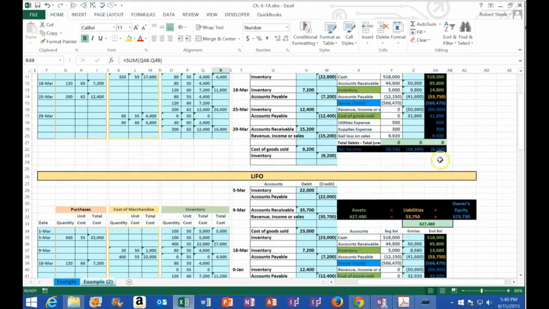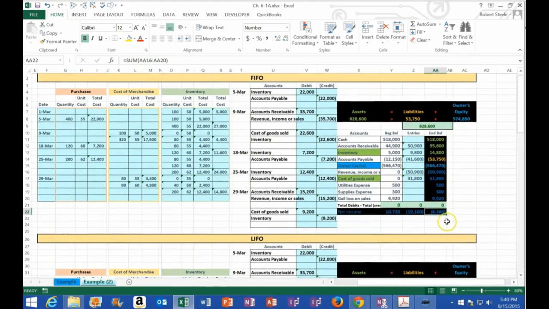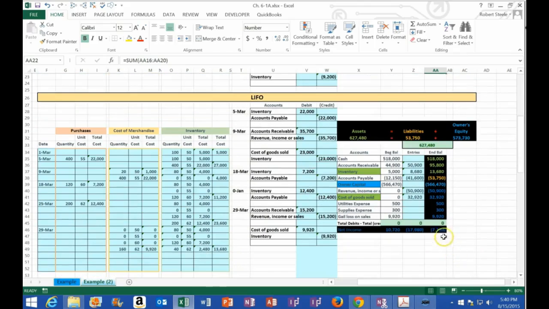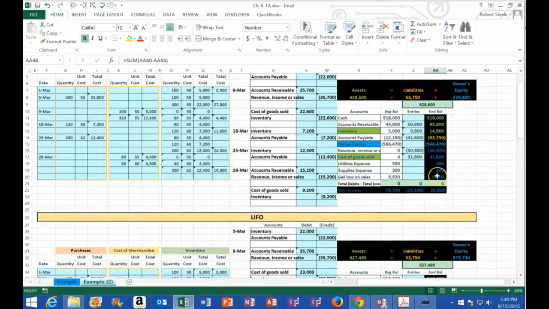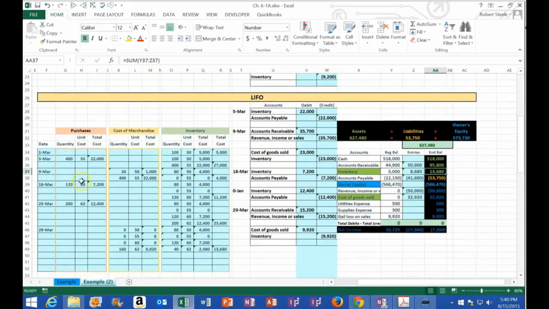And notice what happens to net income. Net income under FIFO is 8380. Under LIFO, it's lower, 7260. And assets are 14.8. And here assets are 13,680. So notice that LIFO, under a period of rising prices, which is a normal period where inflation happens, gives us a lower net income for the most part.